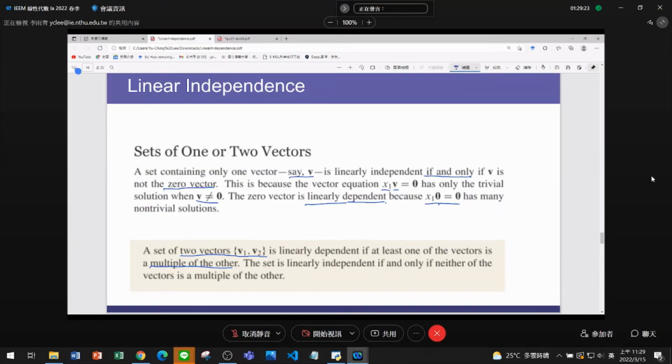So determining whether a set containing one vector and a set containing 2 vectors are linearly independent or not is very special compared to a general set containing more than 2 vectors.